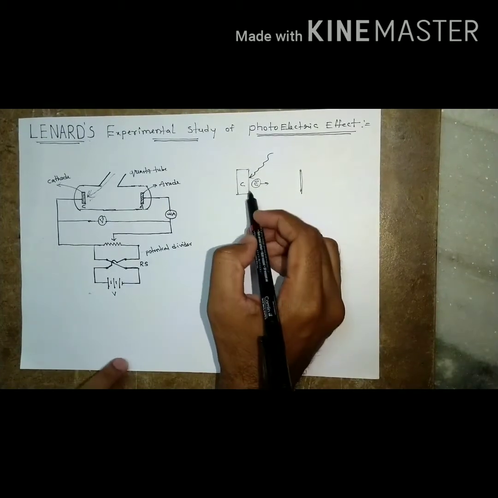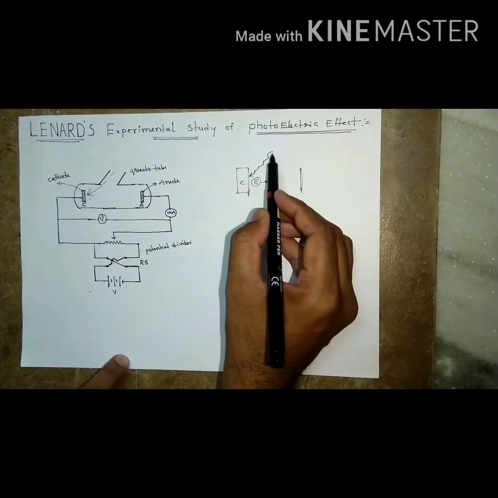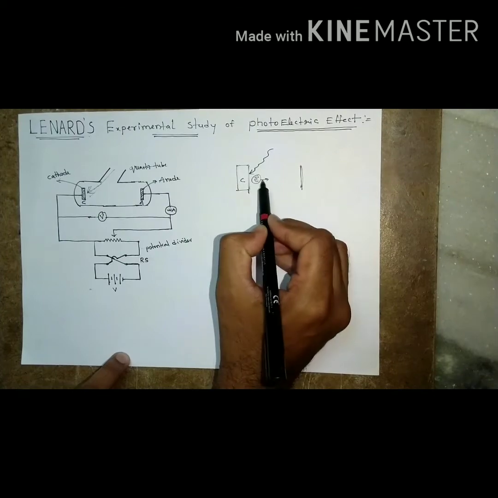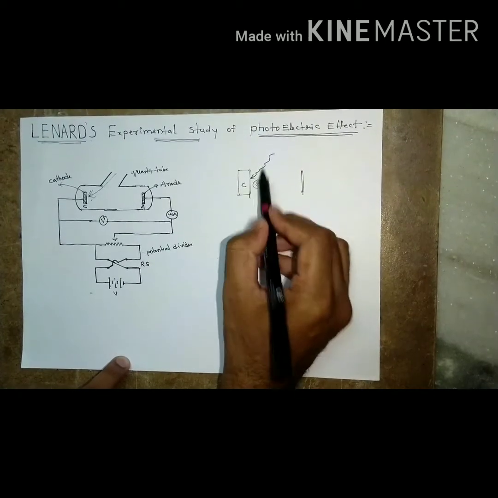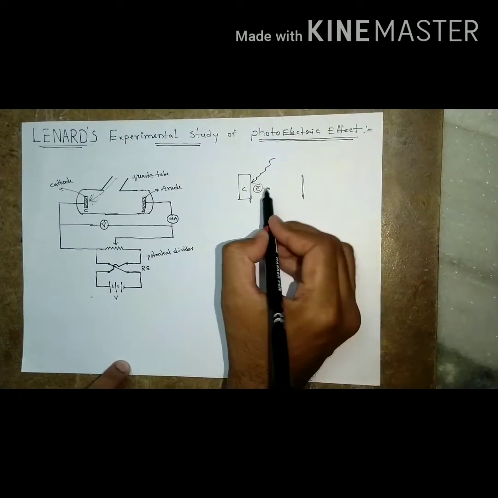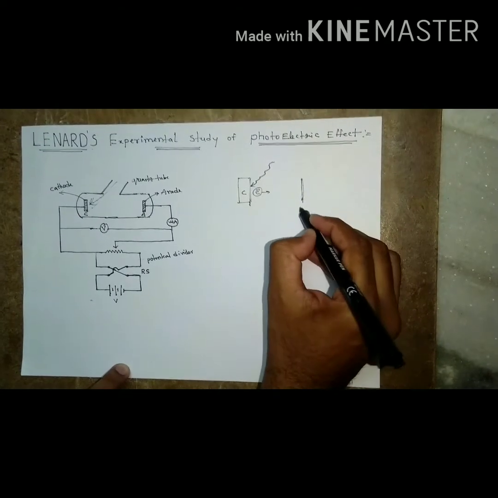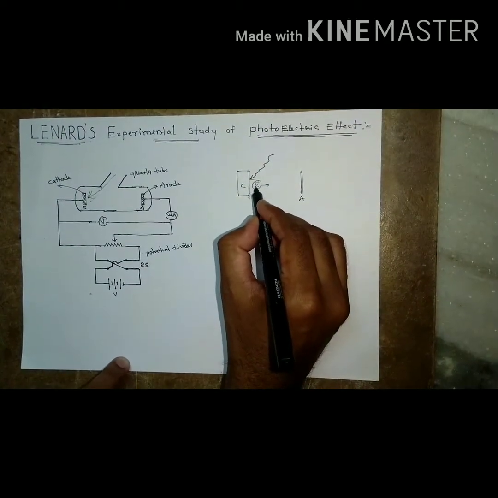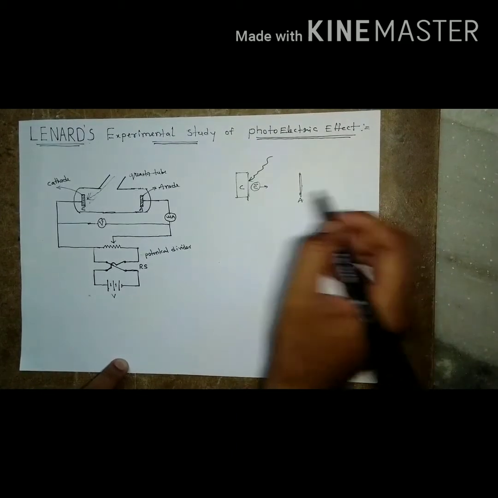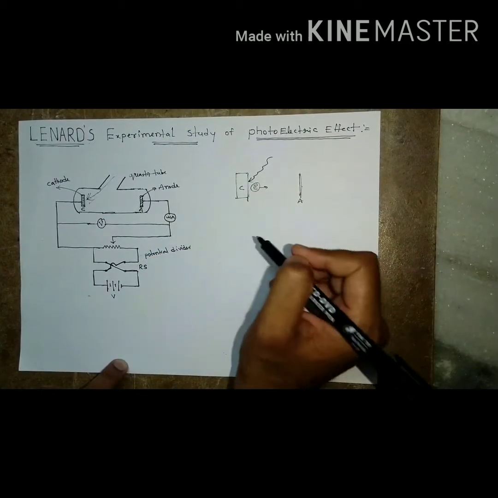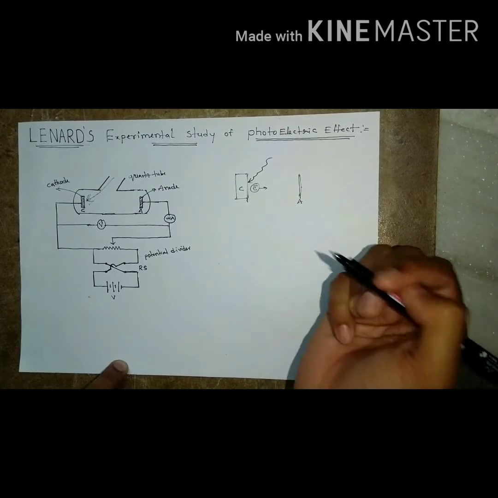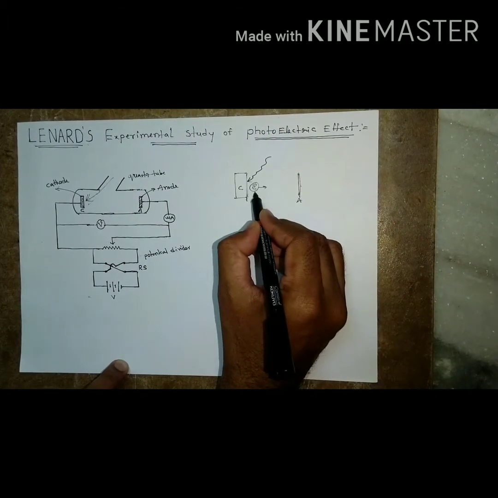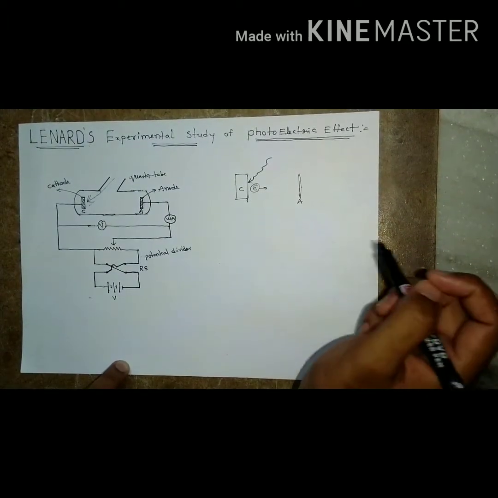After ejecting, the electron reaches the anode. The current passing through this circuit is called the photoelectric current, and the electron is called a photoelectron.